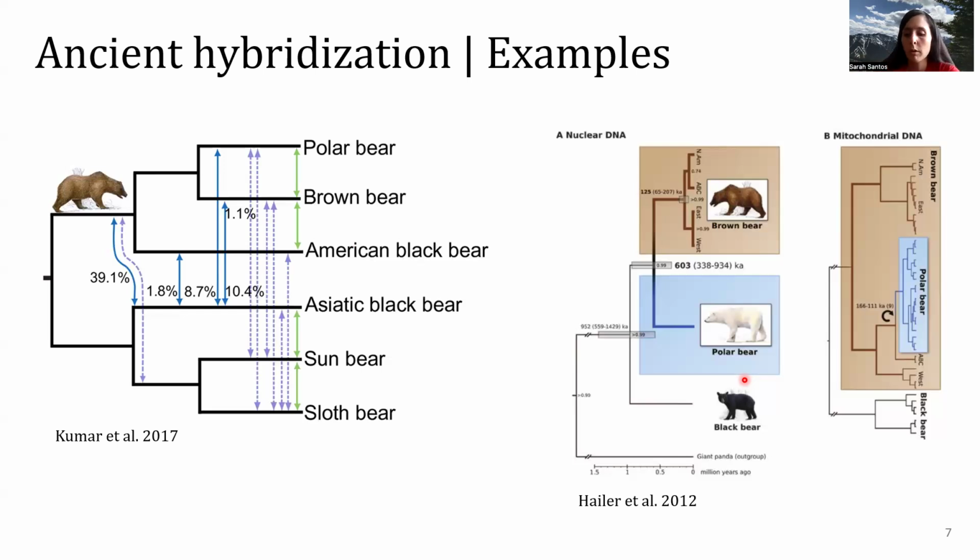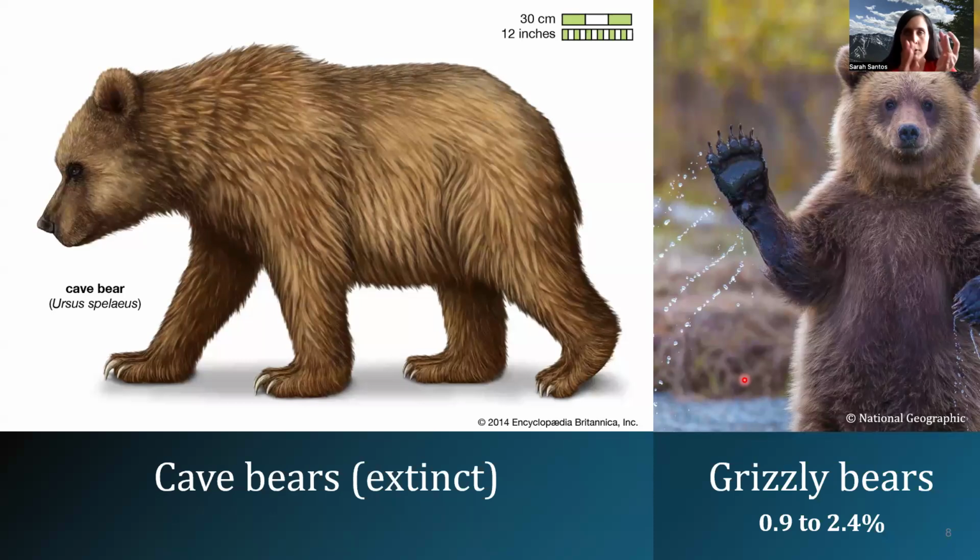But also, when we are talking about hybridization, I mentioned recent, something that happened because of climate change, and their distributions start to overlap again. But we can see some of the ancient past, thousands of years ago, also reflected in the DNA data.